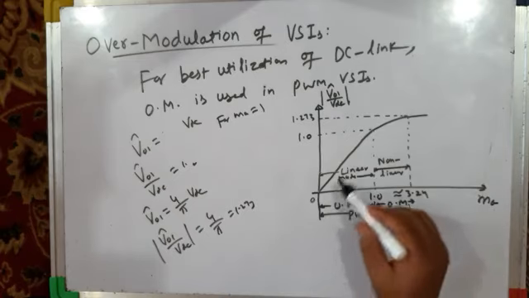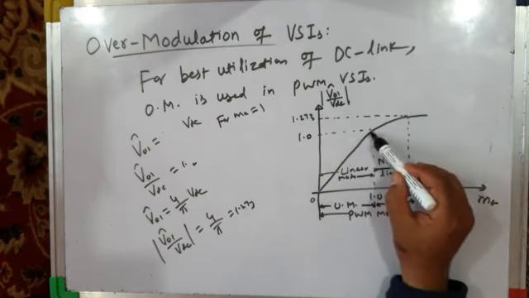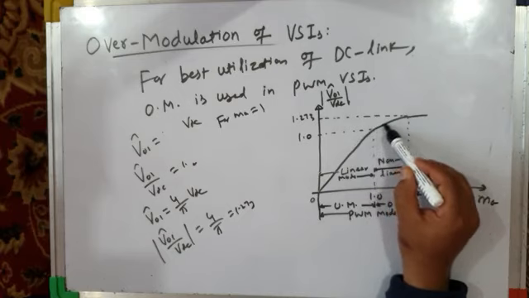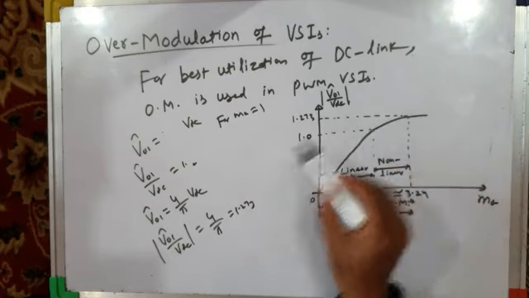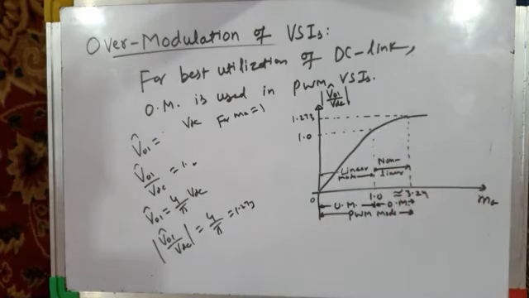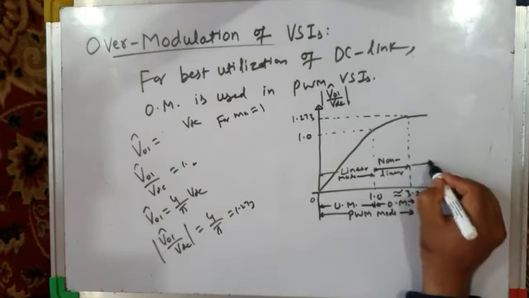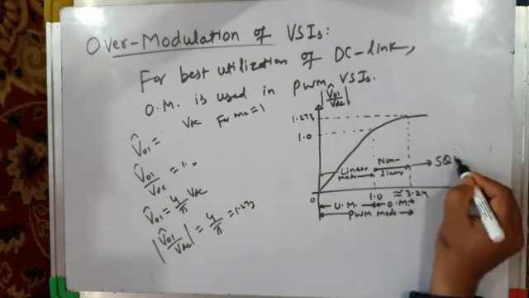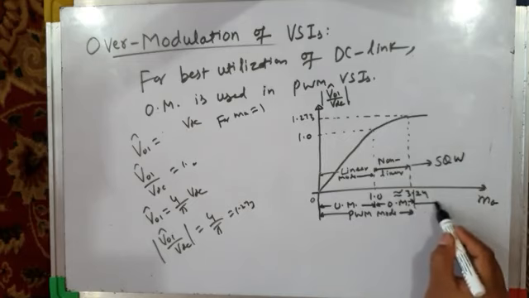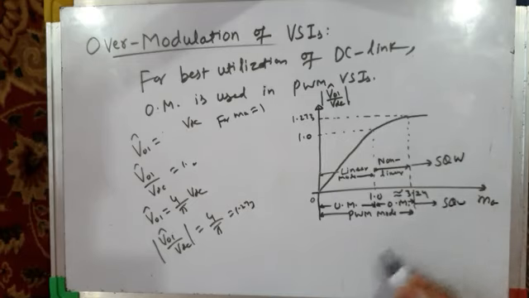As you go from under modulation mode to over modulation mode, you are able to increase the inverter output voltage till you reach square wave mode of operation. After this, you have square wave mode of operation.